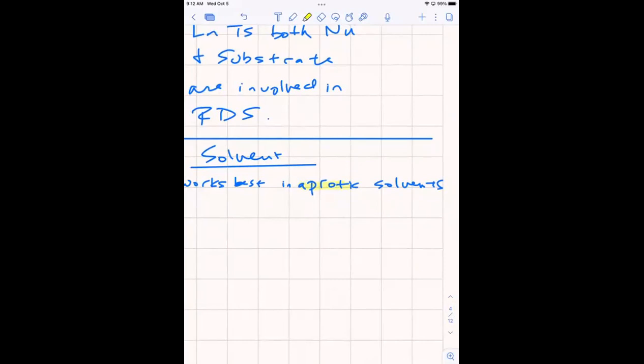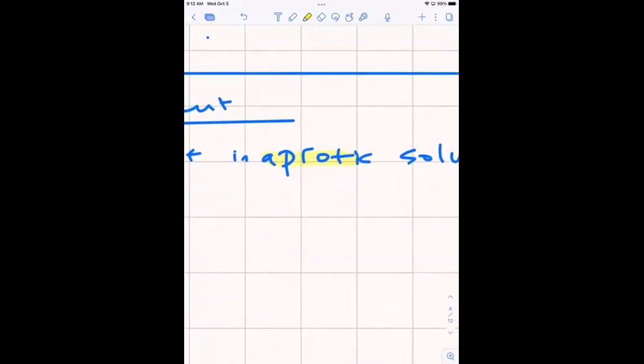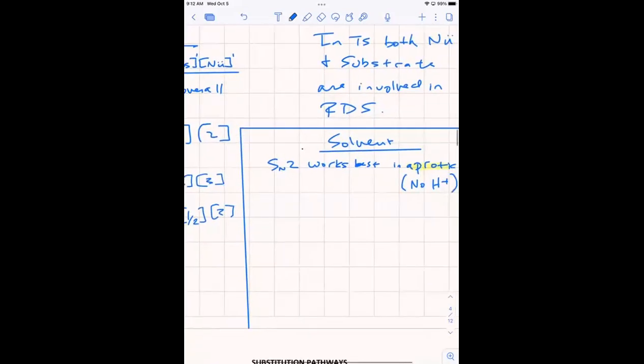Anybody who's awake? Aprotic means that it doesn't have, well, does it say that it loses a proton, or it can't lose a proton. So it doesn't have any to give away. Okay, right. Right. And there's a reason for that, right?